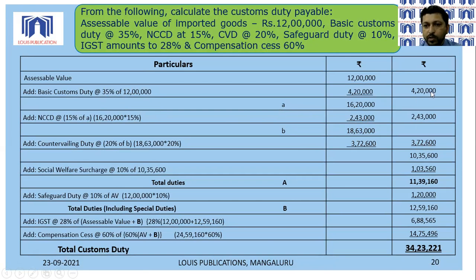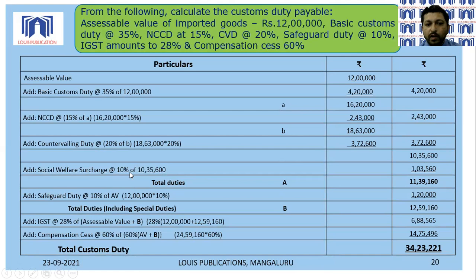So 4,20,000 is BCD. 2,43,000 is national calamity contingent duty. 3,72,600 is the countervailing duty. So I add up all these numbers. I arrive at 10,35,600. So 10,35,600 is the value.